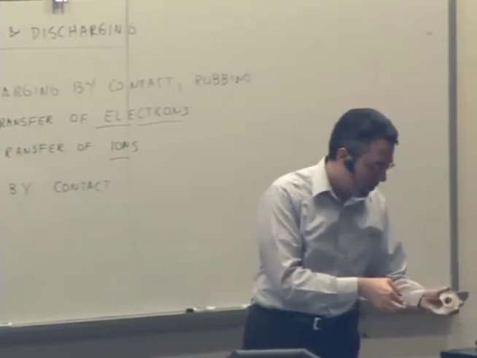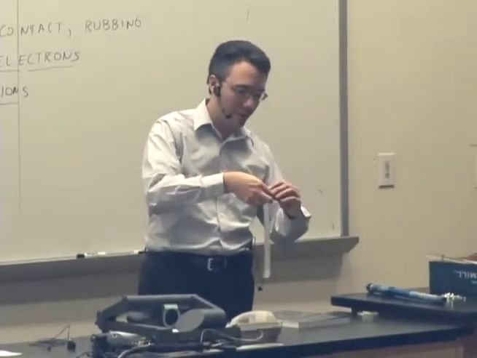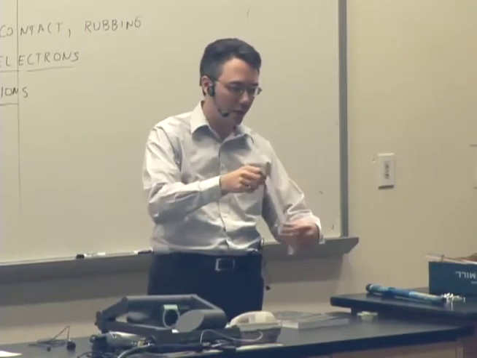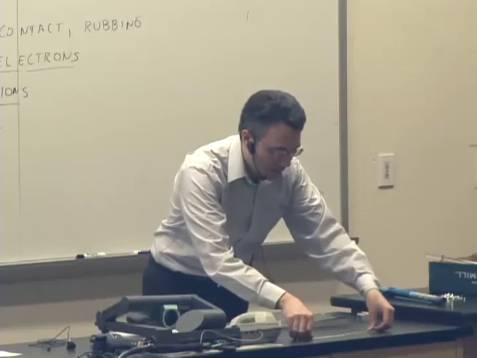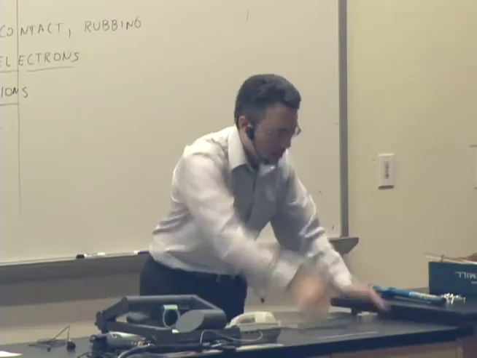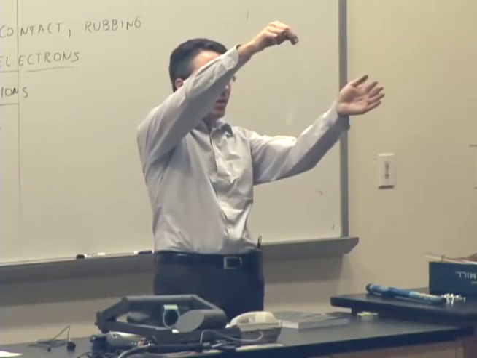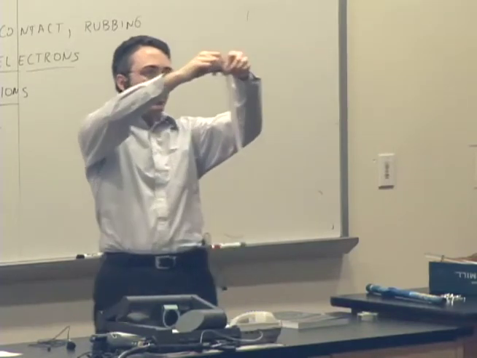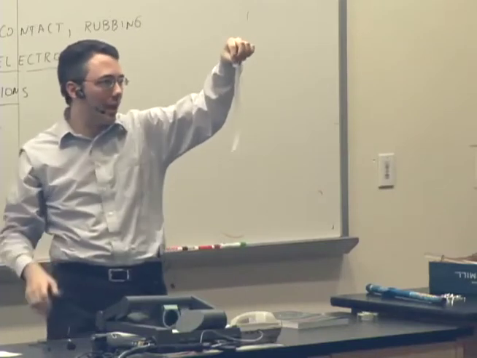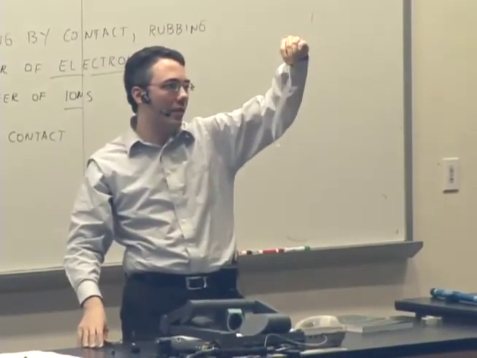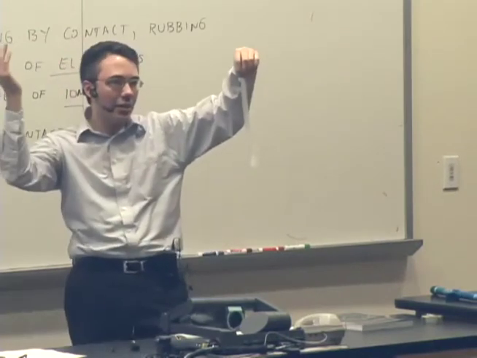There is one method, though, we can use to discharge this piece of tape. When I was doing the tape experiments earlier in the week, let's see if I can get it charged up. We rip it off, and it's charged up. It's interacting with my hand. So presumably any extra electrons or extra ions would be on the sticky side of the tape, because that's where the contact interaction is going on.